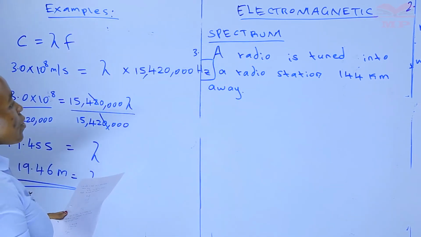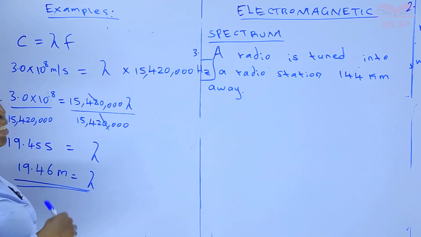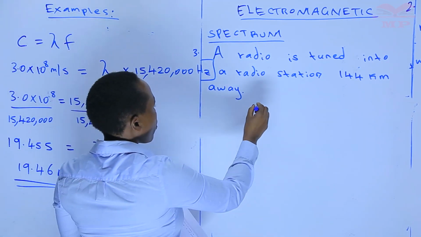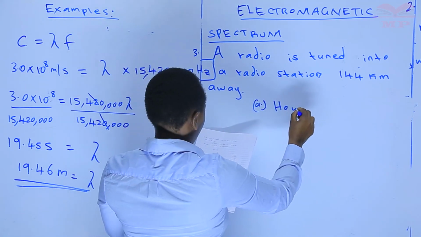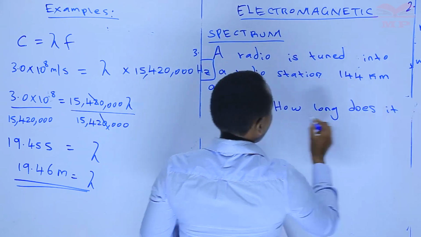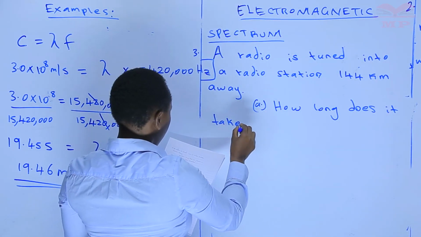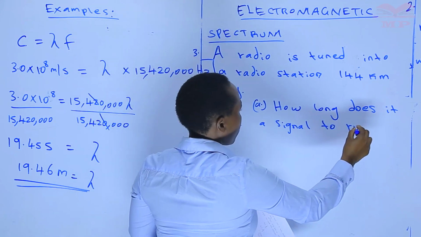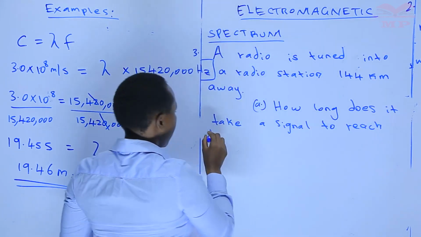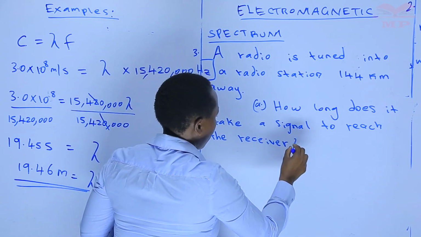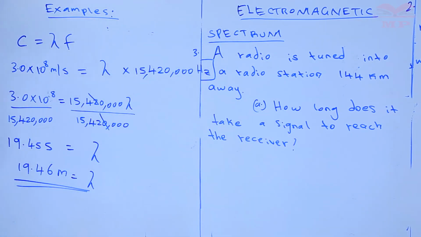So the radio is 144 kilometers away from a radio station. So the first question is, how long does it take a signal to reach the receiver? So that's the first part of that question.